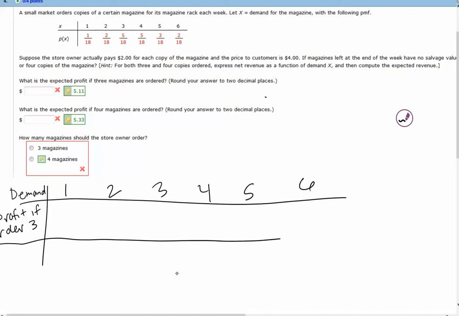I will let you figure out the profit if you order 4 magazines on your own. And then I will do another column for the probability. Now the probability row, that's easy. We just fill it in. It didn't change.